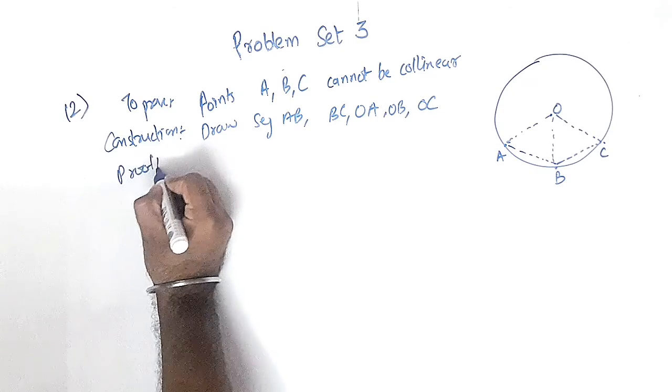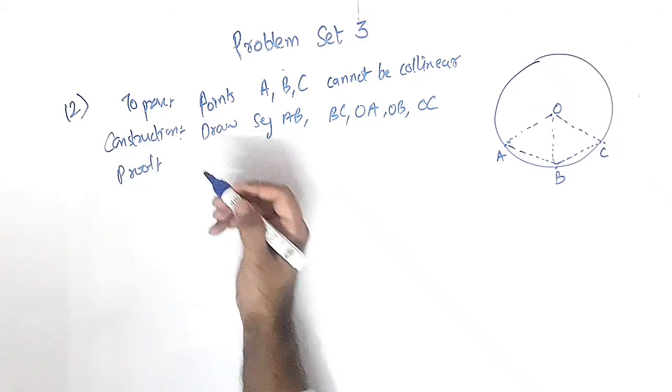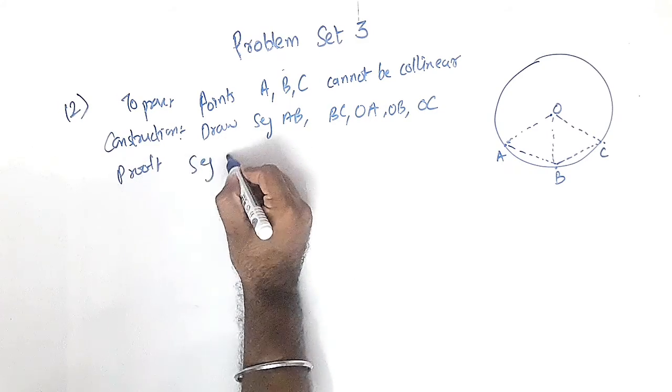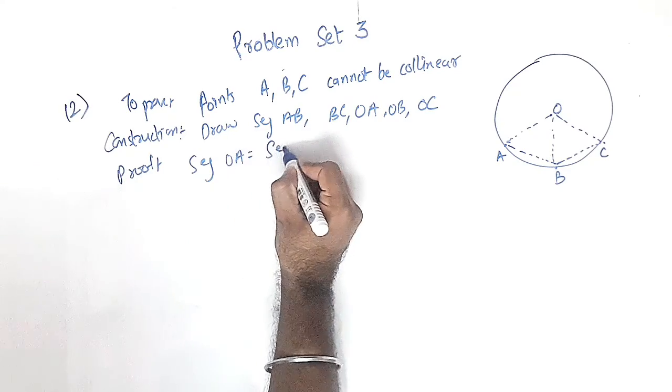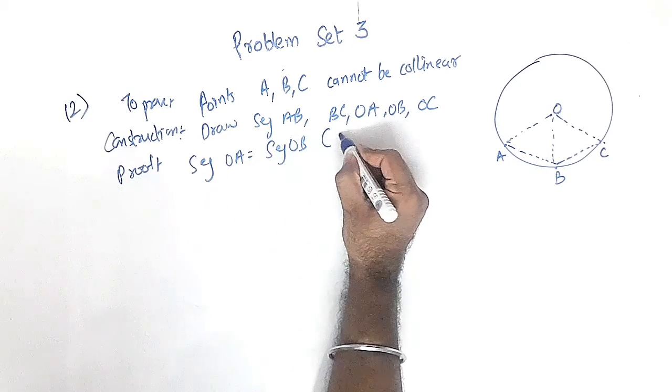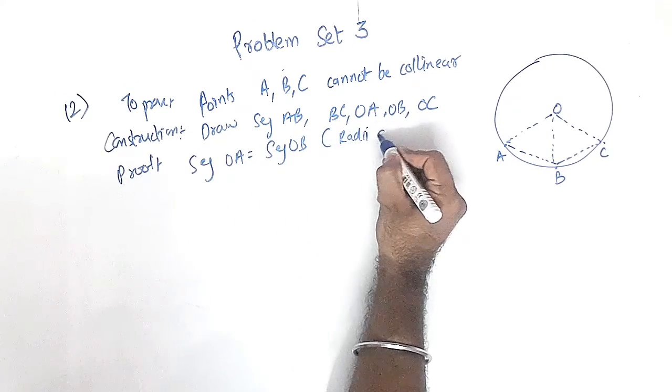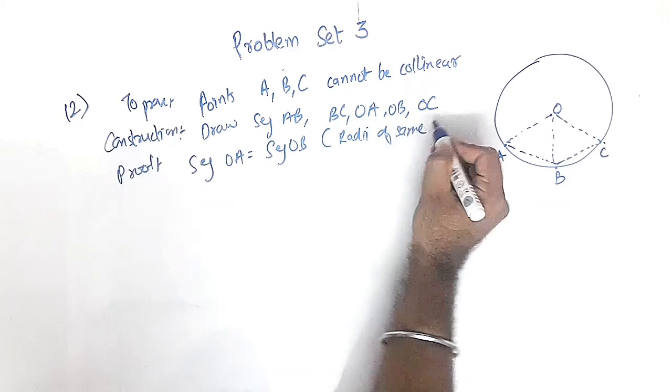Now, to begin with, I'll write seg OA is equal to seg OB. Why? Because they are radii of same circle.